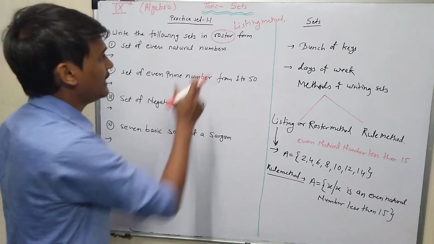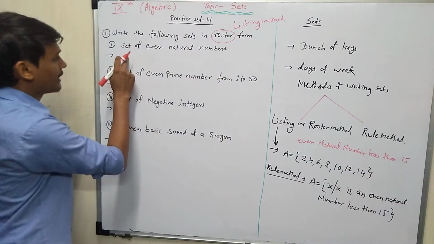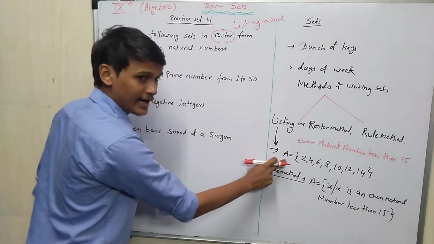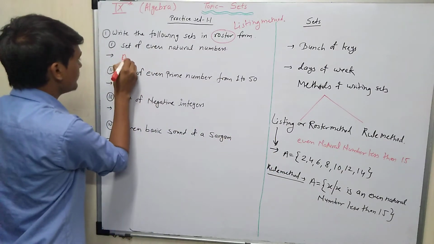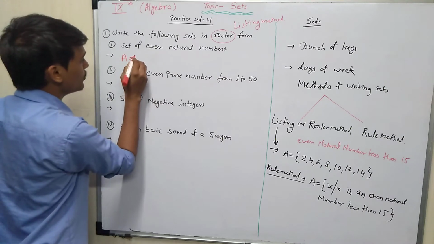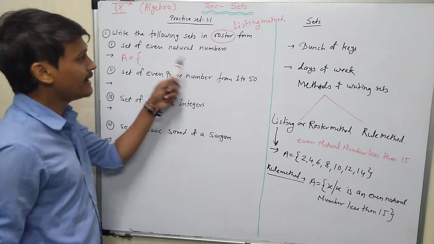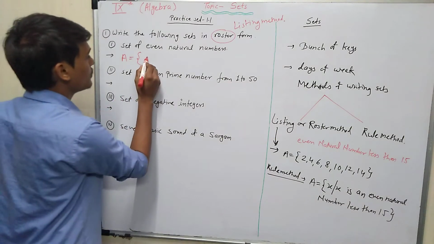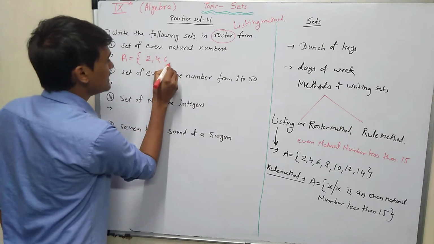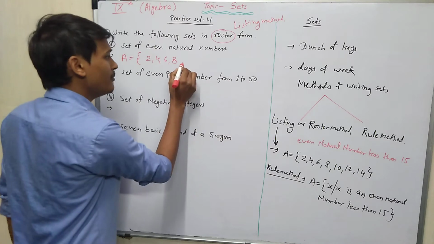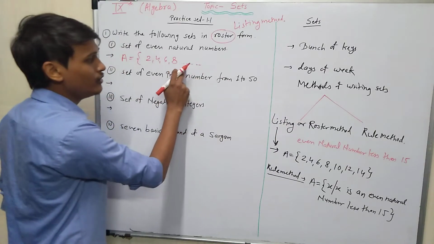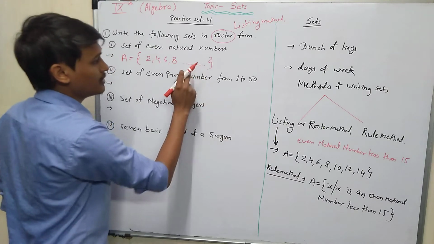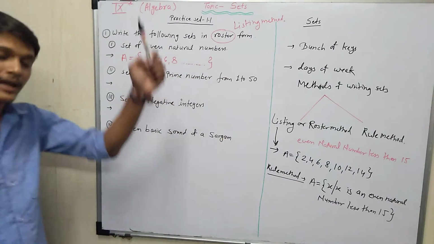How to write in the listing method? First write the set: A is equal to, then bracket, the even natural numbers: 2, 4, 6, 8 and dots, because there are more numbers.